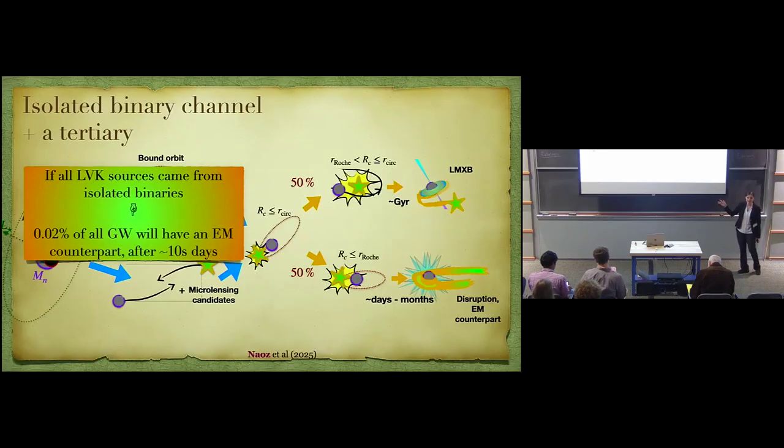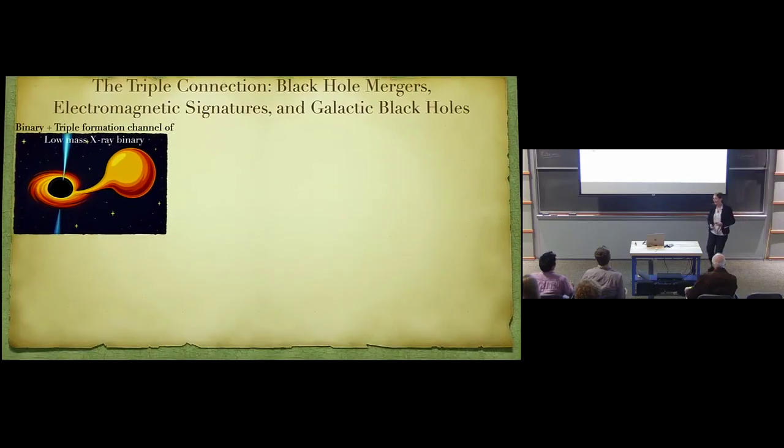This is really encouraging because if I got, say, 10%, we could rule it out, because we haven't seen anything. And 0.02% gives us hope for the O5, O6 runs. So that's really good.